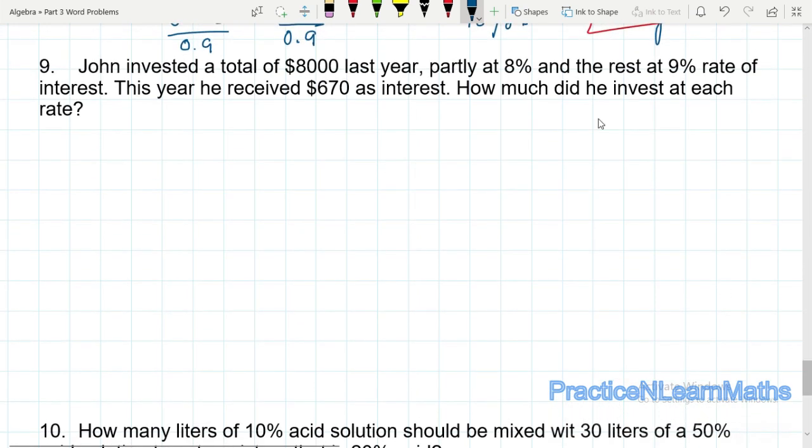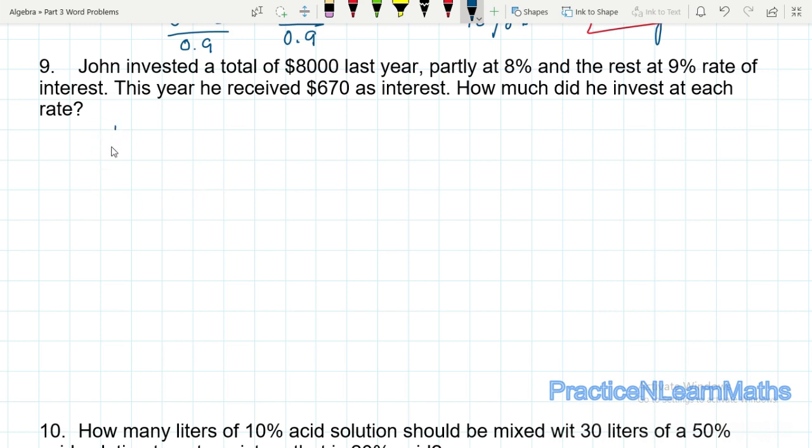Sum number 9. John invested a total of $8,000 last year, partly at 8% and the rest at 9% rate of interest. This year he received $670 as interest. How much did he invest at each rate?